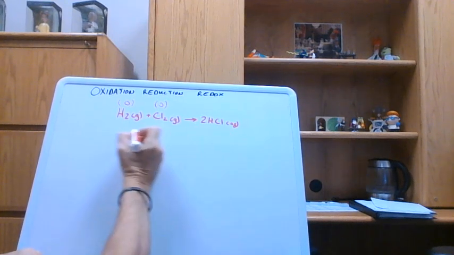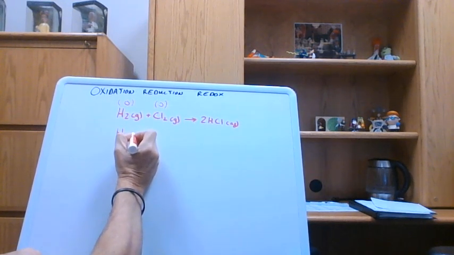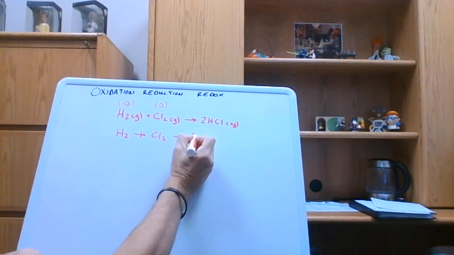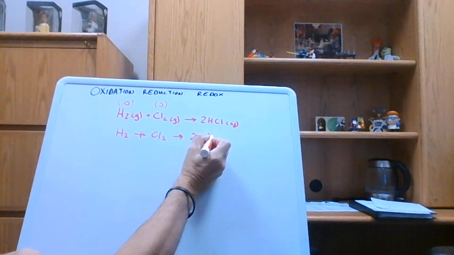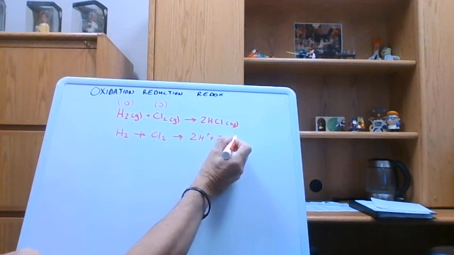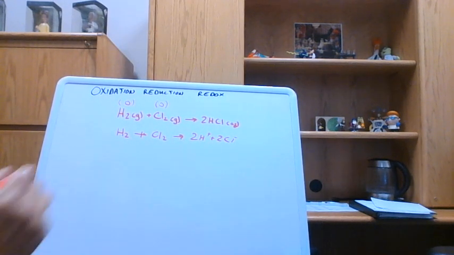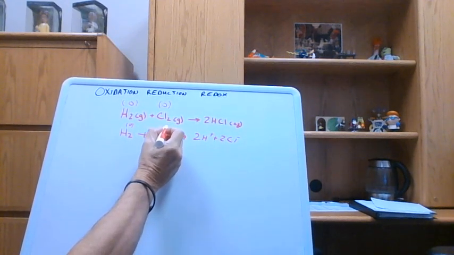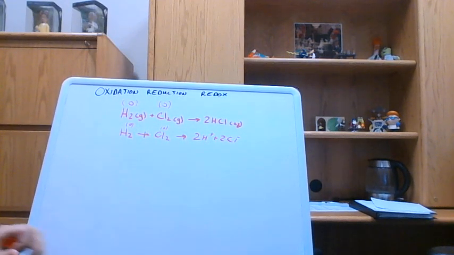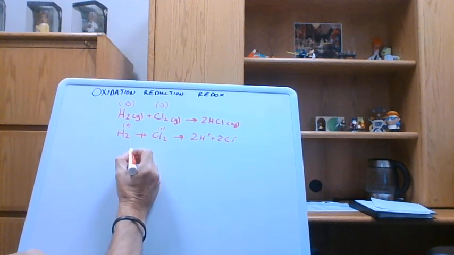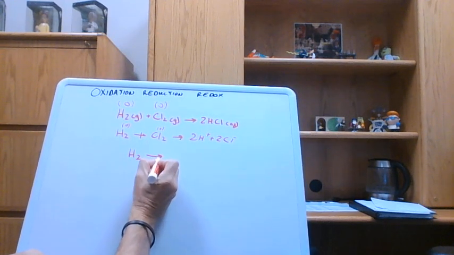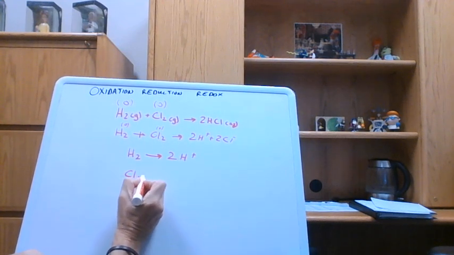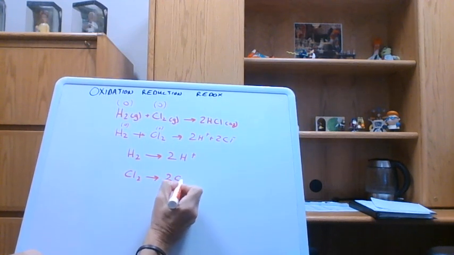This is an aqueous species, so we'd have H2 plus Cl2 going to 2H plus 2Cl minus. So we're going from hydrogen having a 0 to a +1, chlorine having a 0 to a -1. So our 2 half reactions are H2 going to 2H plus and Cl2 going to 2Cl minus.